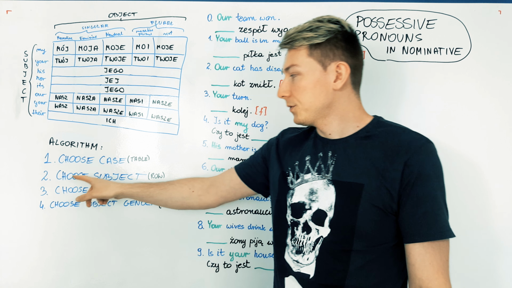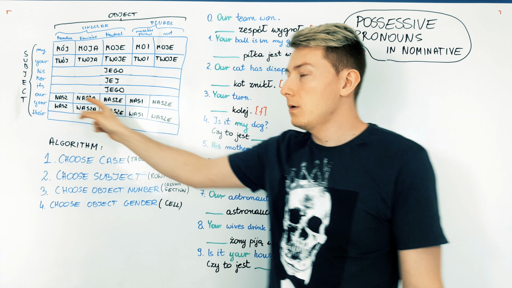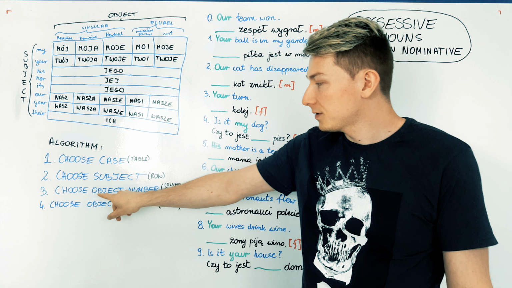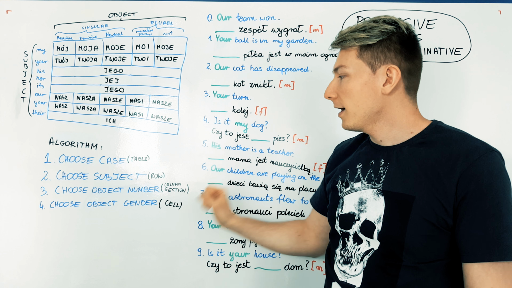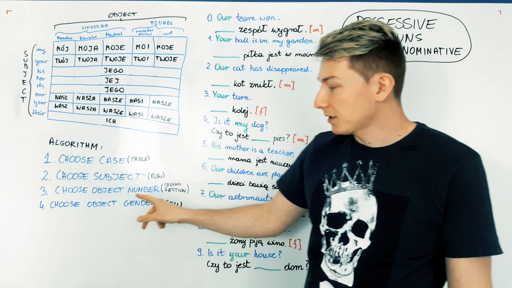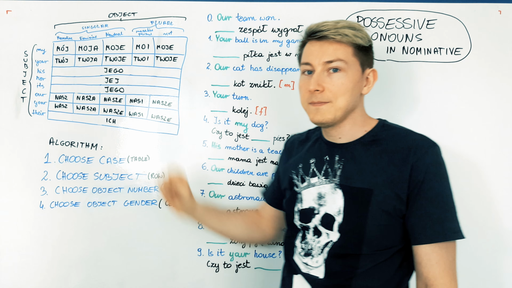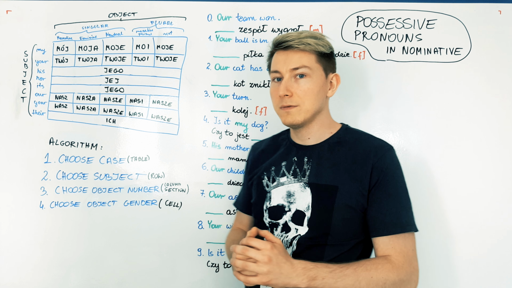The second step, choose subject. It means to choose the row, the subject of the sentence. Then third step, choose the object number, singular or plural. And the last step, choose object gender. So we choose the particular cell, okay? If you've already forgotten how it works, you can watch the previous video.